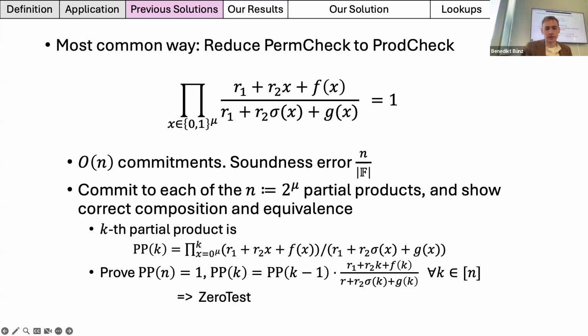And then I do some consistency check between these. You don't need to worry about the details here. So what this means is that in order to do this product check, I need to commit to n additional elements.